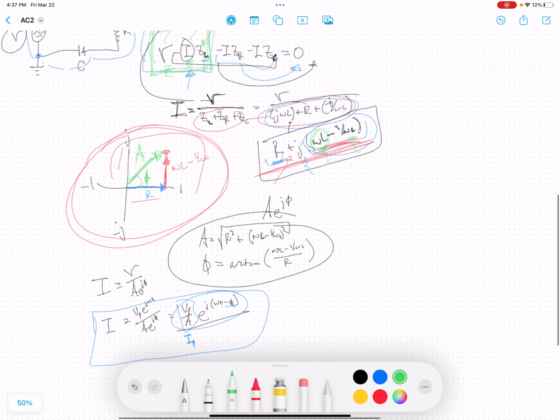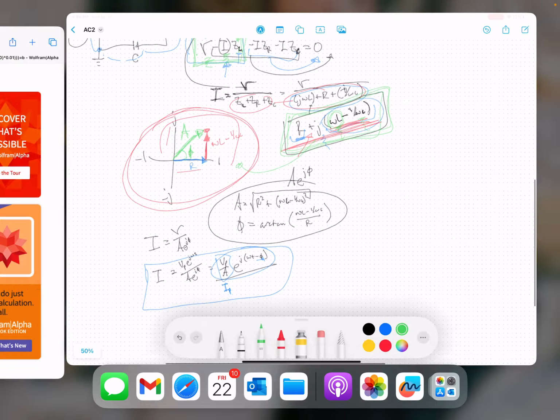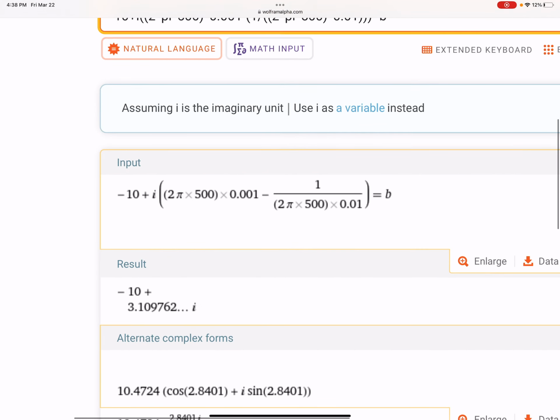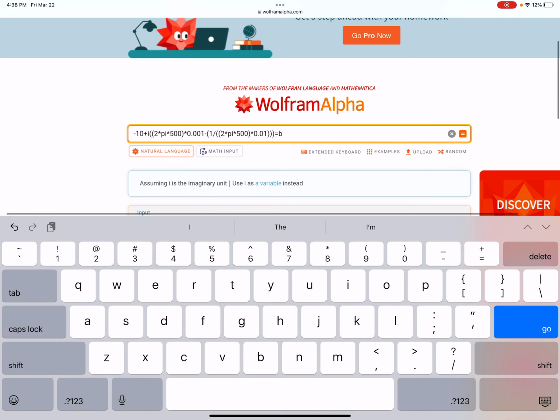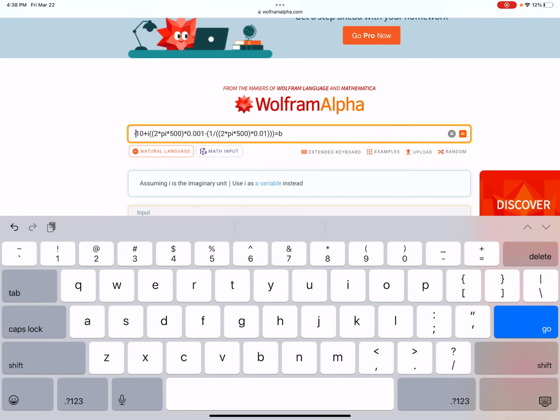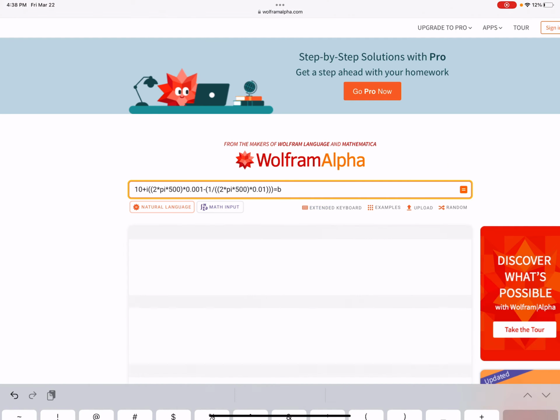I fed this into Wolfram Alpha, right? So that we can see this relationship. So let me go back. Let me show you that. I actually need to change one thing up here in the original. This needs to be positive. Go.